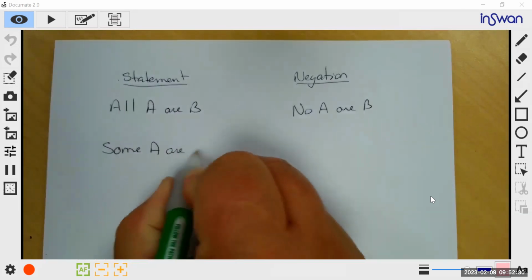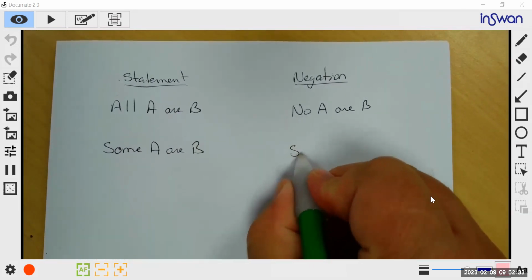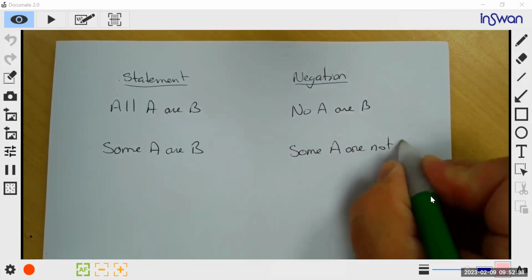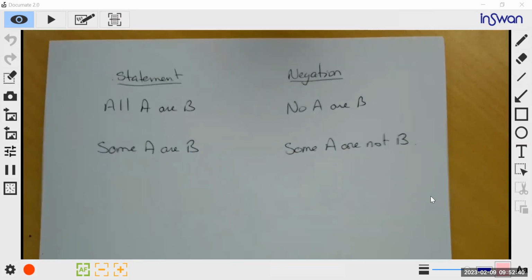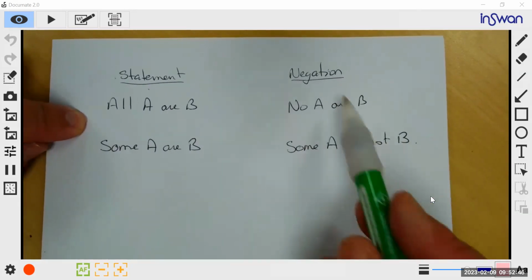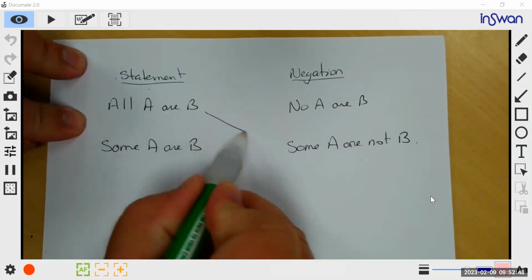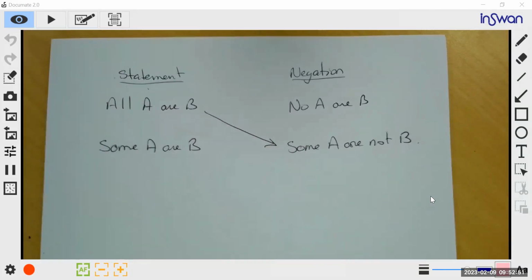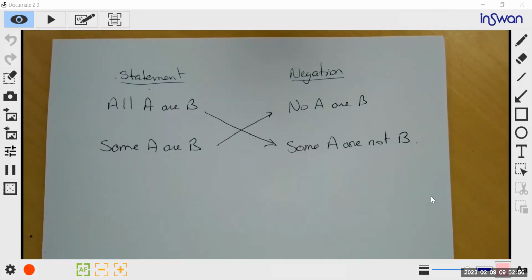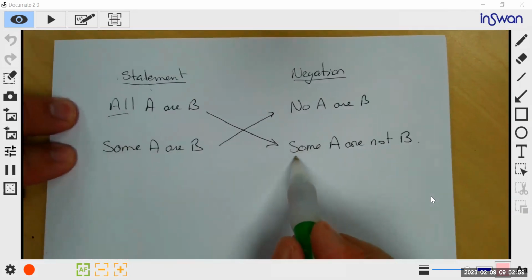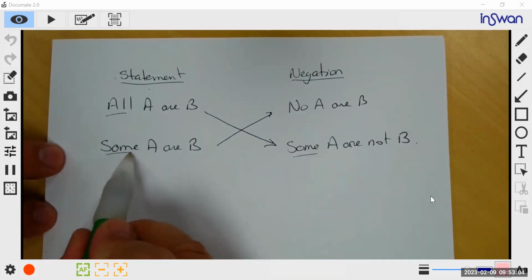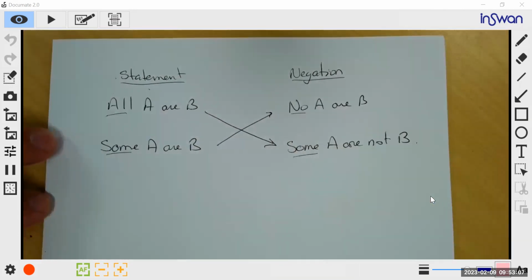Some A are B, some A are not B. The easiest way to memorize it is this way, because here you have the positive ones, here you have the negative ones. These are opposites. That's the negations of them. These are negations. So the opposite of all is some are not. The opposite of some are is that none are.